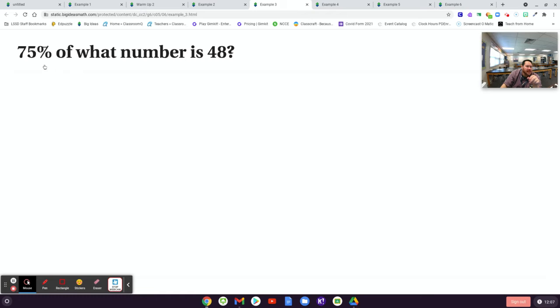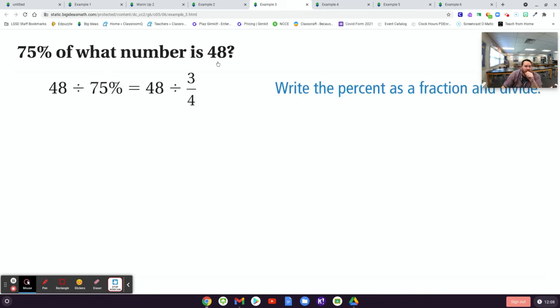If it's saying some percent of a number we don't know is this answer, we will use division to get to the answer. So here we have to do 48 divided by 75%. Which again, you're going to write 75% as a fraction, as 75 over 100 can be simplified to 3/4. Okay, so that's how you're going to do the ones where we're looking for the "of what number." So it's division.